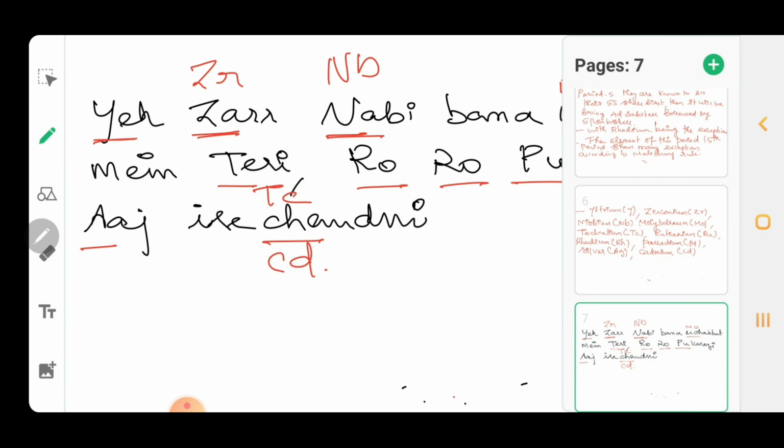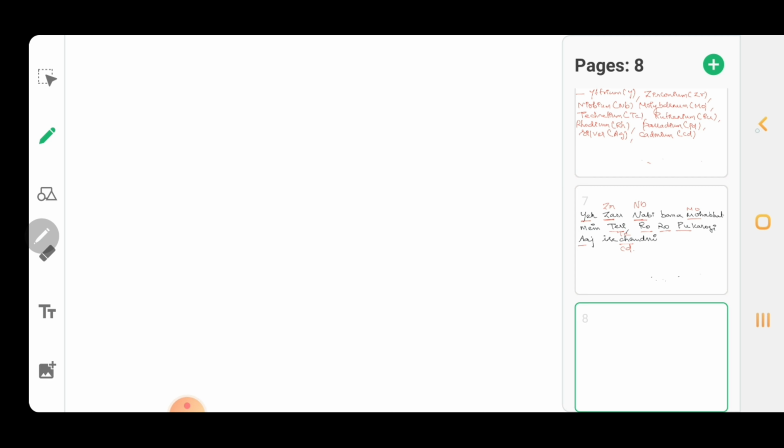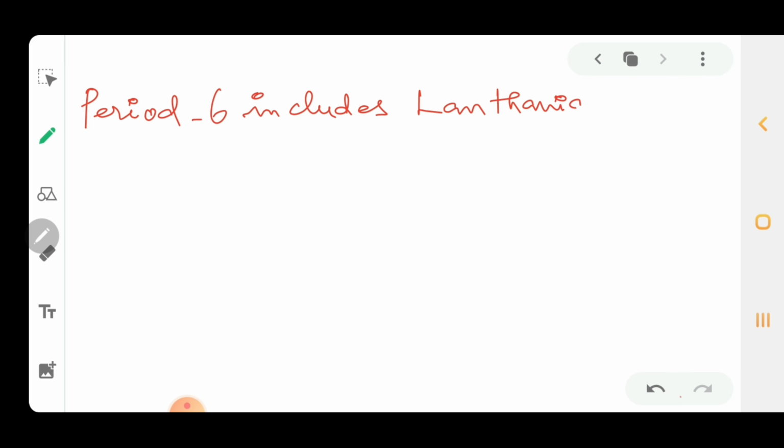Now we will be moving on to the next period, that is nothing but period number 6. If you see, this period number 6 includes lanthanoids, or we can also call lanthanoids as rare earth metals, right?